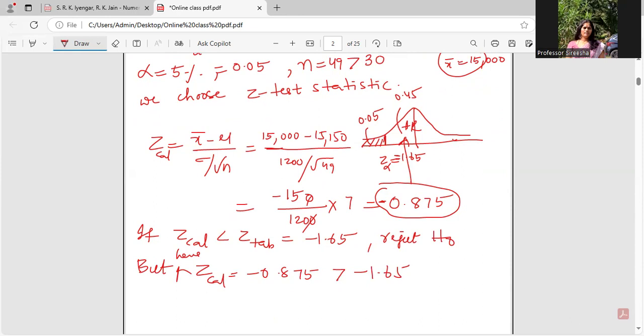You can just see it if you plot the Gaussian curve, the normal distribution curve or the Z curve. The shaded part is the rejection region, the non-shaded part is the acceptance region. If the calculated value comes into the acceptance region, accept H naught. If it falls in the rejection region, reject H naught. That's it as the conclusion.